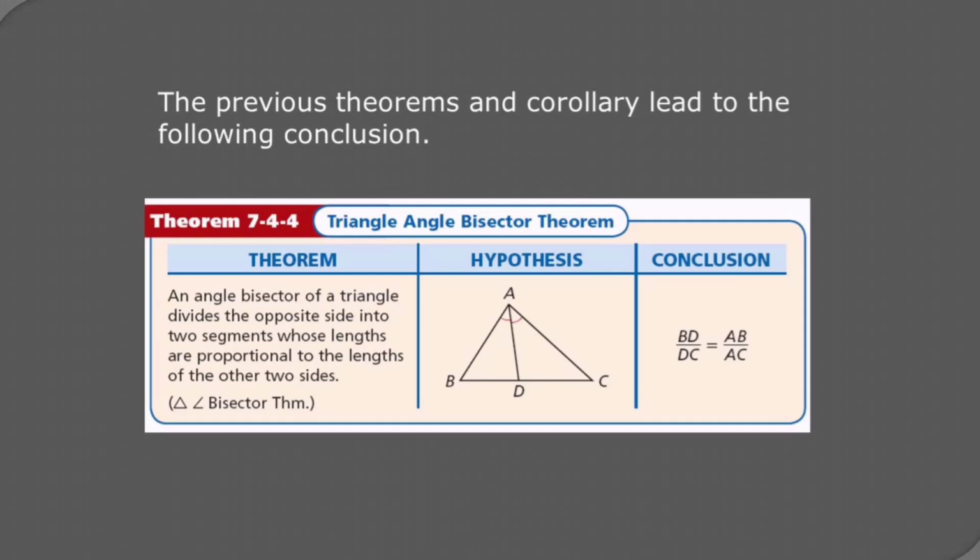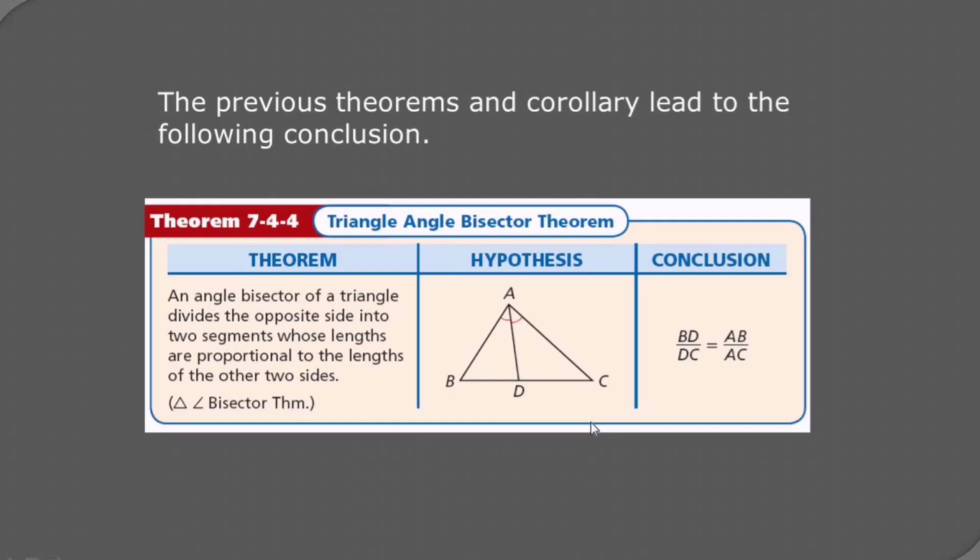This means if I have AD as an angle bisector, which cuts the whole angle BAC into equal parts, then BD over DC equals AB over AC. Why? By the triangle angle bisector theorem.